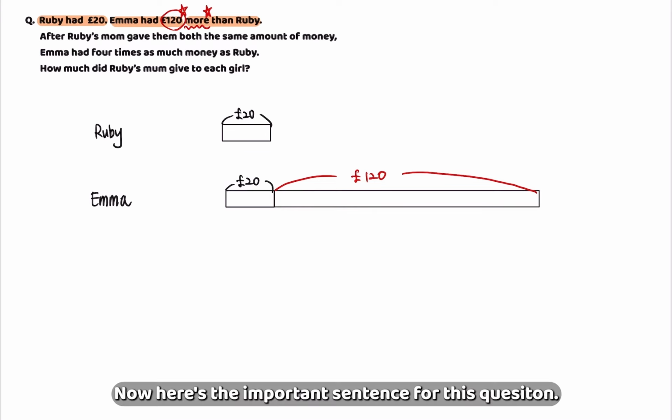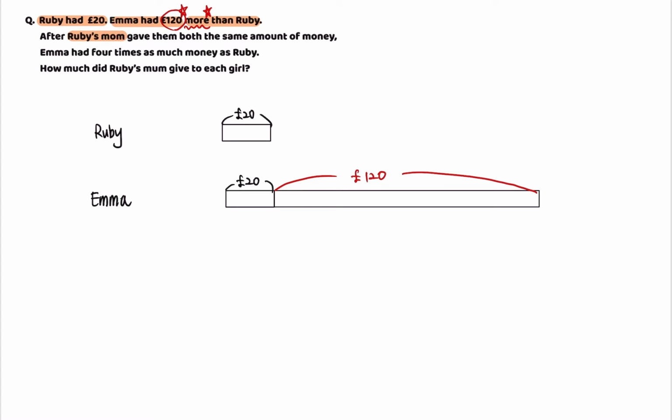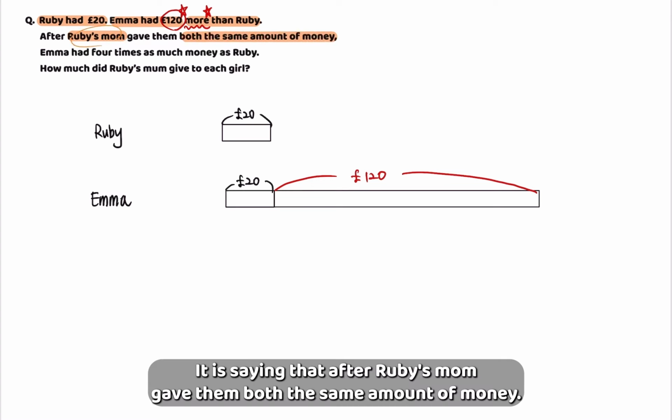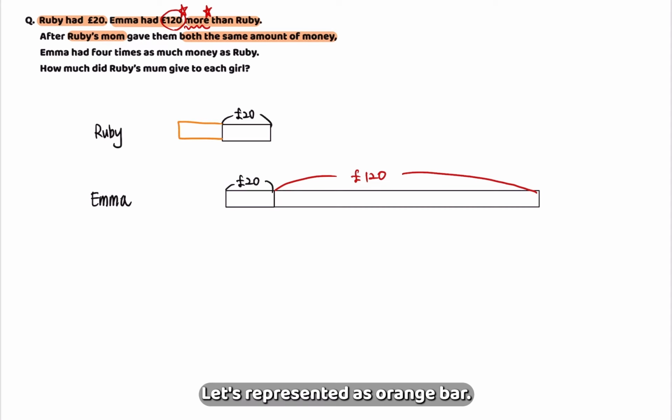Now here's the important sentence for this question. It is saying that after Ruby's mom gave them both the same amount of money, let's represent it as an orange bar.